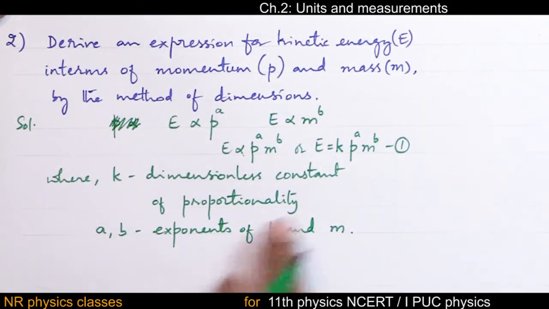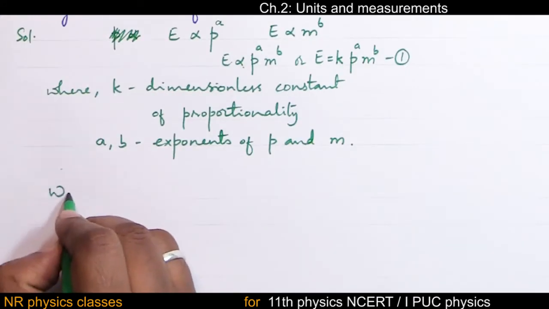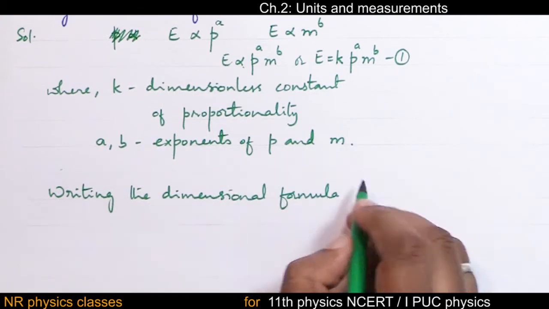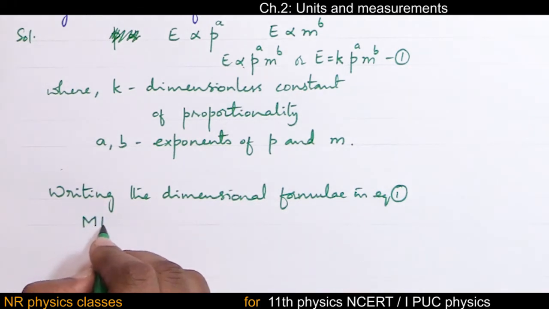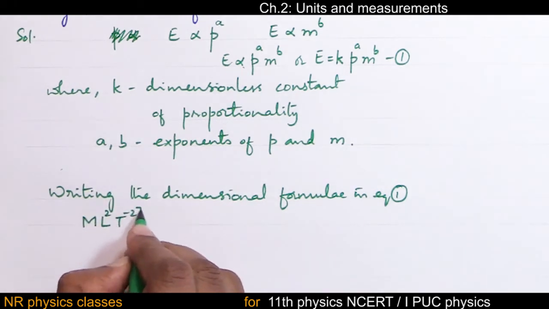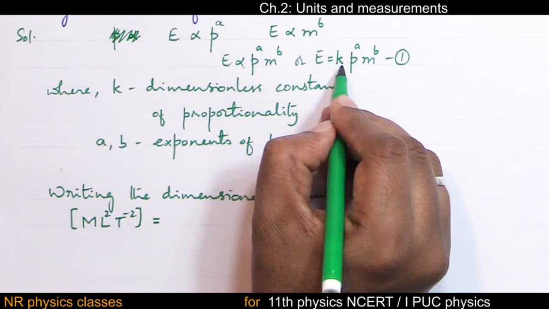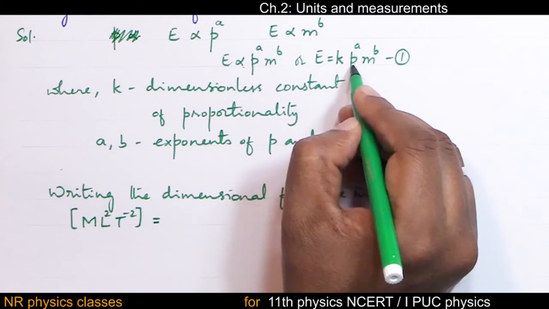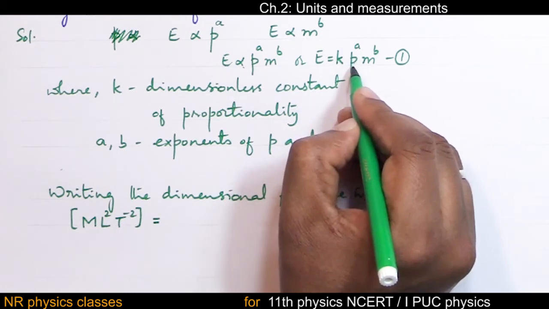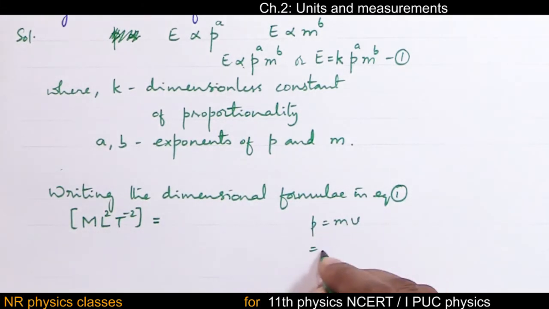So let us write the dimensional formula for equation 1. Kinetic energy is energy, and energy is M L^2 T^-2, equal to K, which is dimensionless, so drop K. Momentum is mass into velocity. Recall the table: P is momentum, P is mass into velocity. Mass is M, velocity is L T^-1.